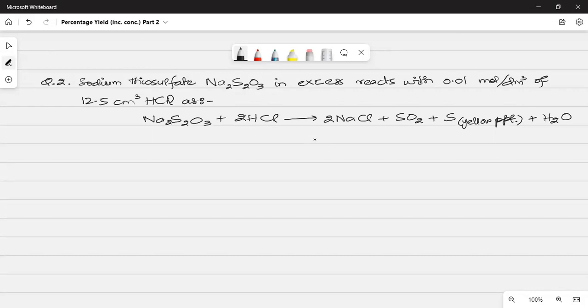So, only 1.25 grams of yellow PPT of sulfur were actually produced.